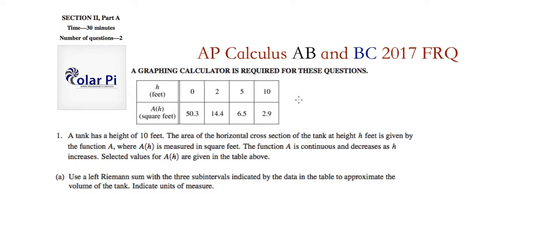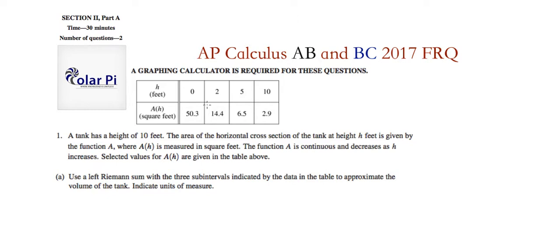What you're given is a table, and what the table tells you is, suppose you have a cone-shaped tank. From the information given, it looks like the tank is cone shaped, so the fattest, biggest part of the cone is at the bottom, and it gets thinner and thinner as you go up.